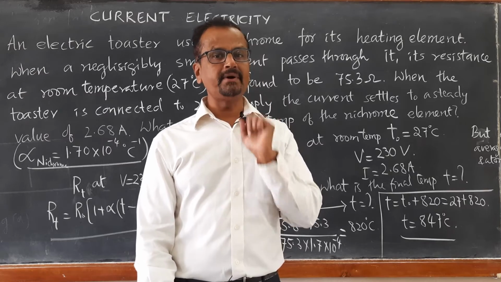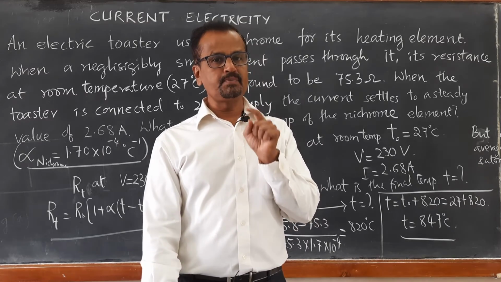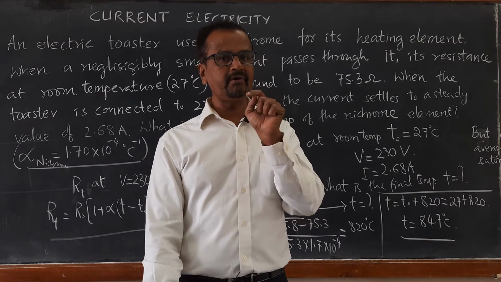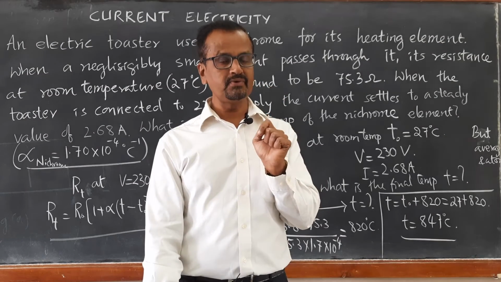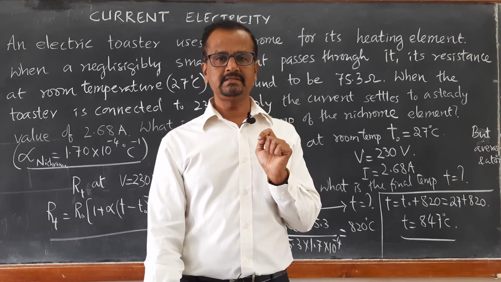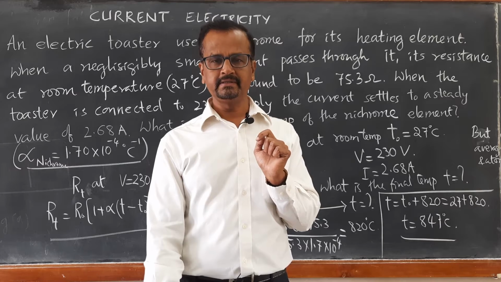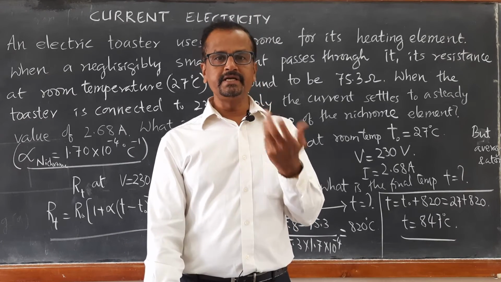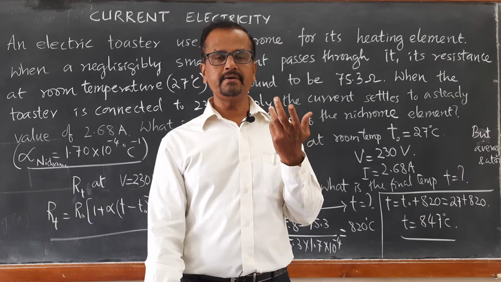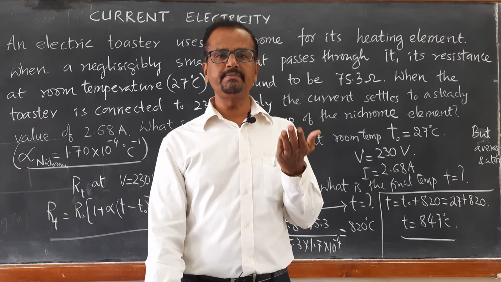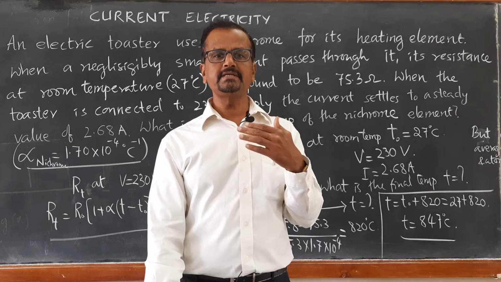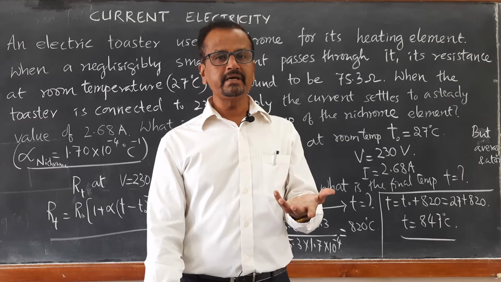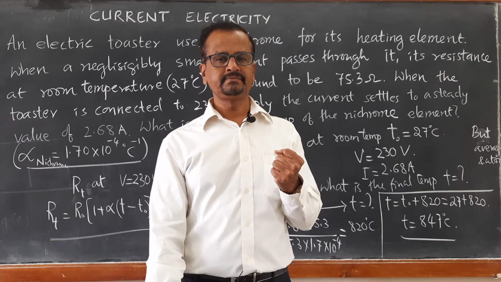Whereas that for copper is 6.8 into 10 to the power of minus 4 per degree Celsius or per degree Kelvin. Therefore, the change in resistance per unit rise of temperature is more in the case of copper.